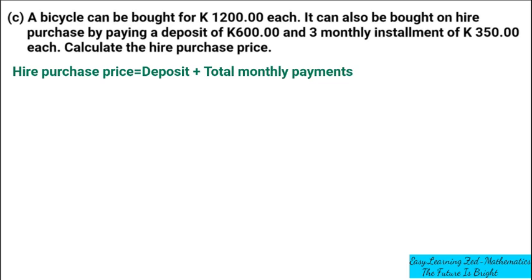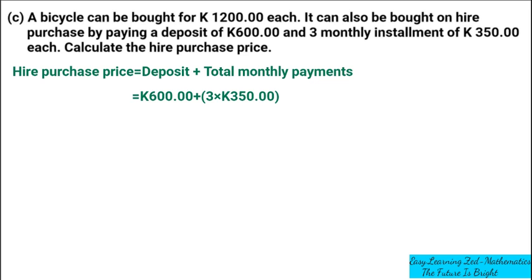We are told the deposit is 600 kwacha, so we're going to write 600 kwacha, then plus the total amount of monthly payments, which we are told should be paid for 3 months. So we're going to say plus open bracket 3. Then how much is supposed to be paid every month? It's 350. So we're going to say times 350 kwacha.